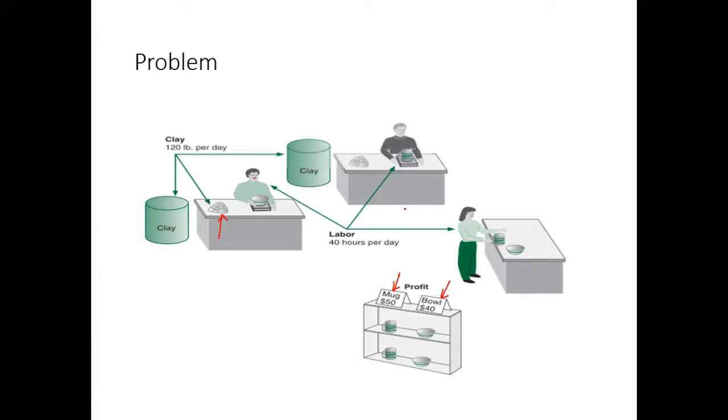One thing given is 120 pounds per day. Who will tell what it means? Just explain, don't write anything. In word form you can write the answer, but I don't want an equation. What do you understand by clay equals 120 pounds per day?